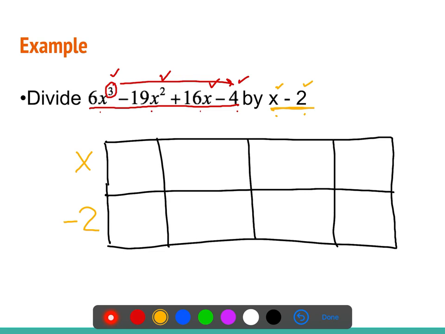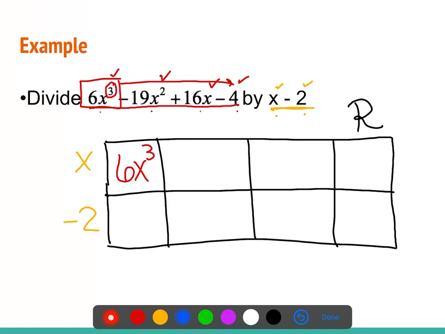Now this one over here, it has 1, 2 terms for the divisor. So I'm also going to make sure that I have 2 rows. The divisor is going to go on the outside. So I've got x and minus 2. And the last thing I'm going to do is put the letter R on the last column. That stands for where the remainder is going to go.